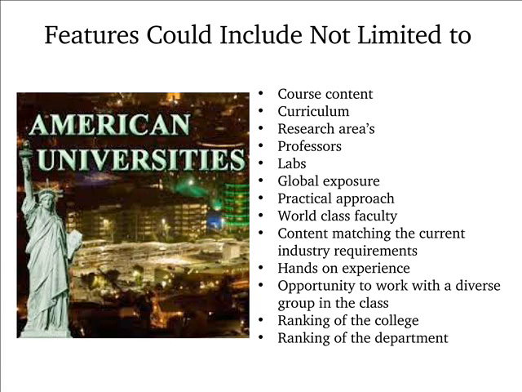The features could include, but are not limited to, the course content, the curriculum, the research areas, the global exposure, the practical approach, the world-class faculty, content that matches current industry requirements, a lot of hands-on experience, and the ranking. You can talk about all those in front of your visa officers.